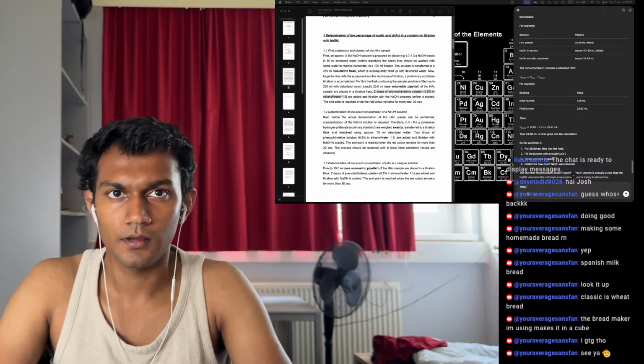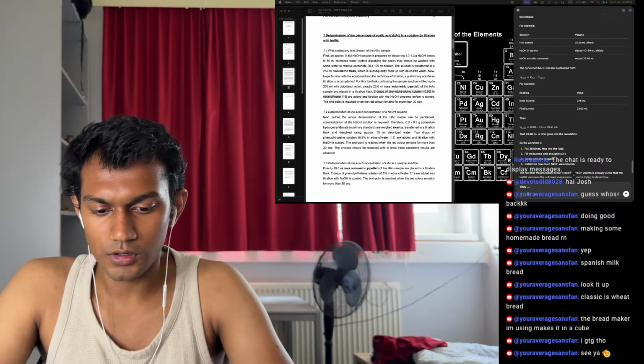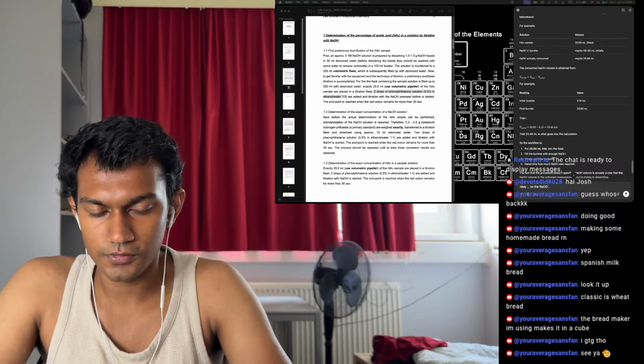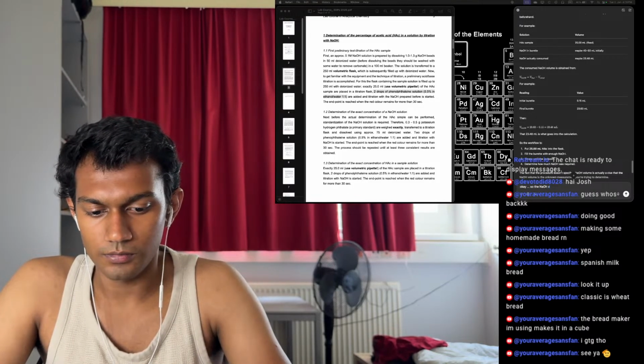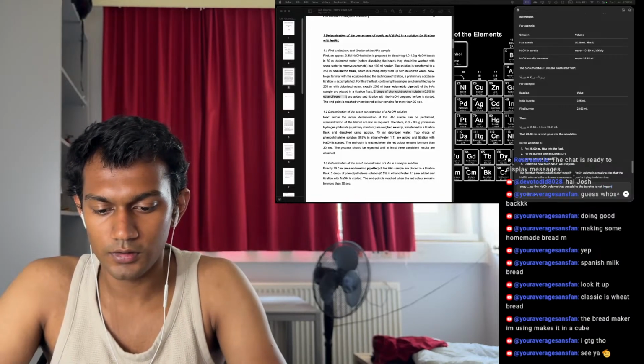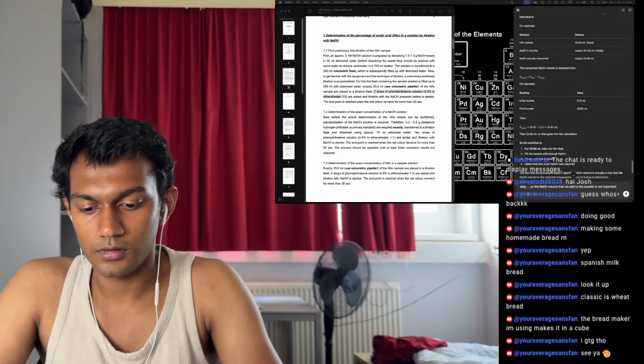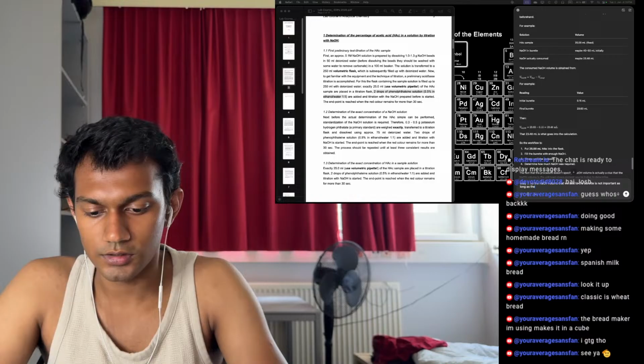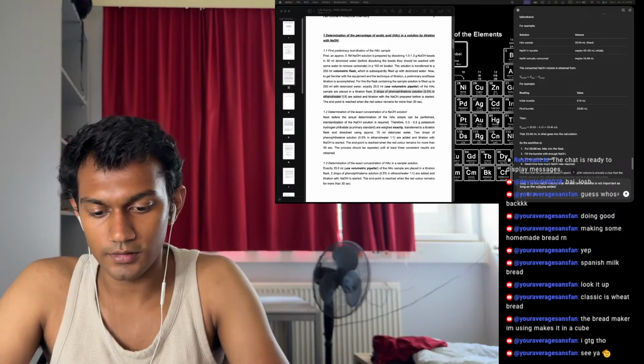Okay. So the NaOH volume that we add to the burette is not important, as long as the volume added is noted.